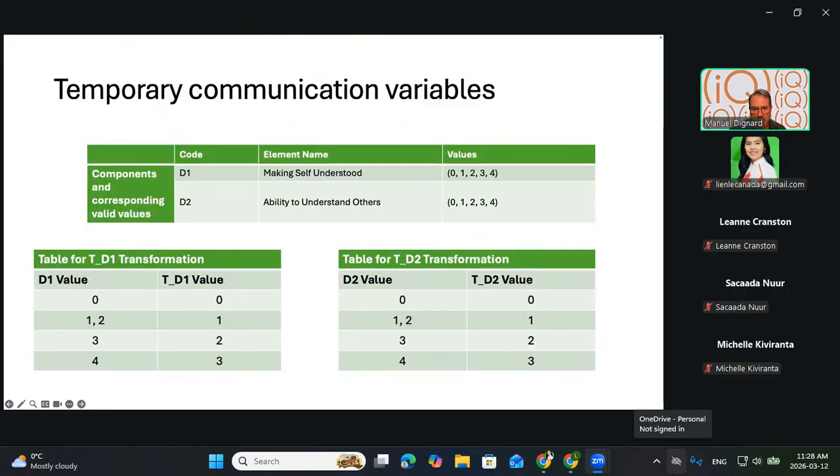Communication variables, same thing. All they're doing here is converting the 0 to 4 to a 0 to 3 for making self-understood and ability to understand others. So when we're looking at the calculation in the quality indicator, we're only going to see numbers 0 to 3.